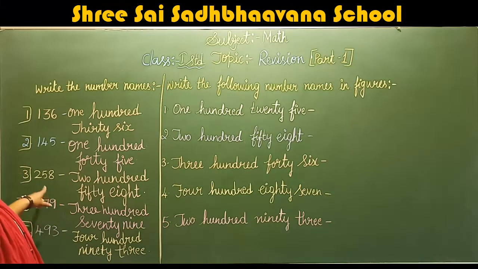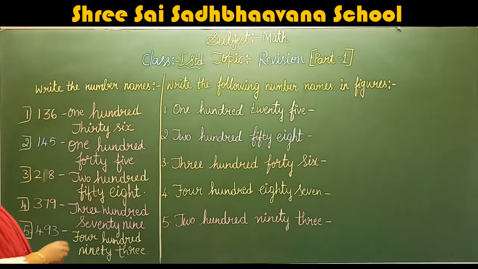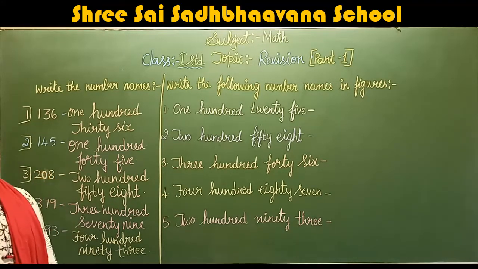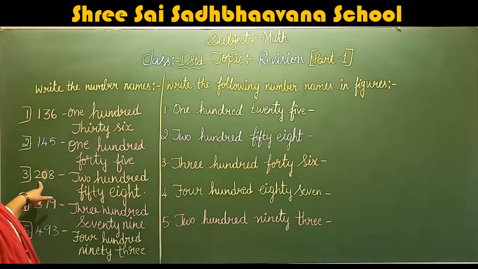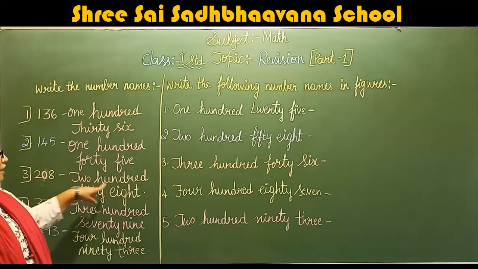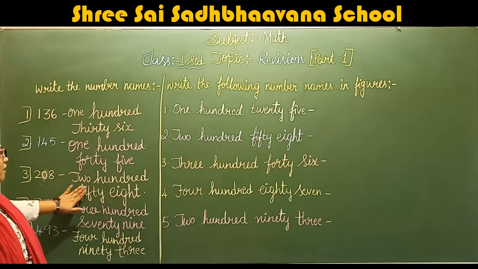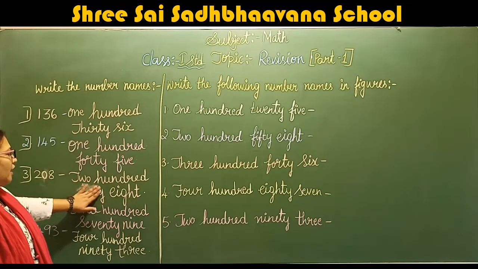Now suppose 5 is not there; they have given you 0 instead. So what should you do? Now suppose you wrote 200, right? In the tens place 0 is there. So what do you have to do at that time?